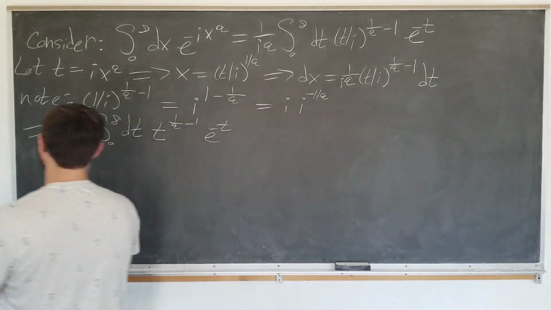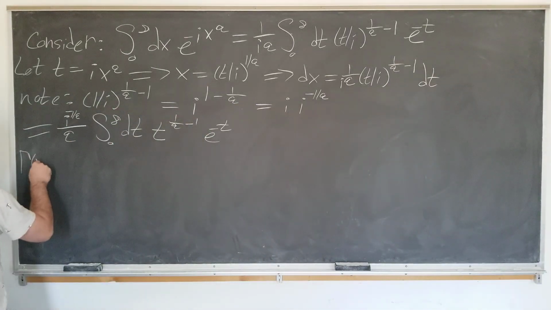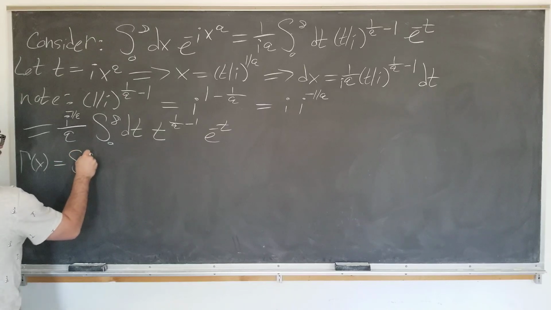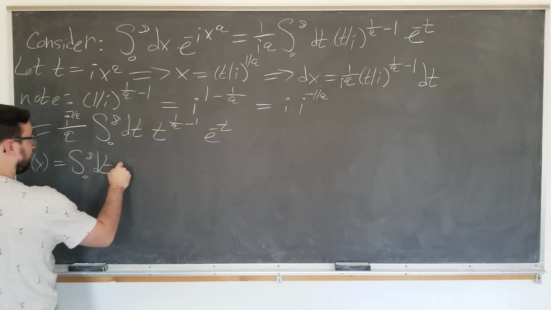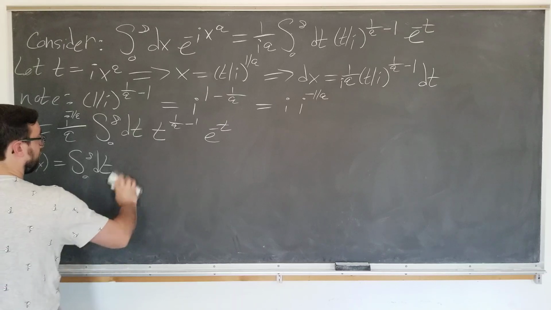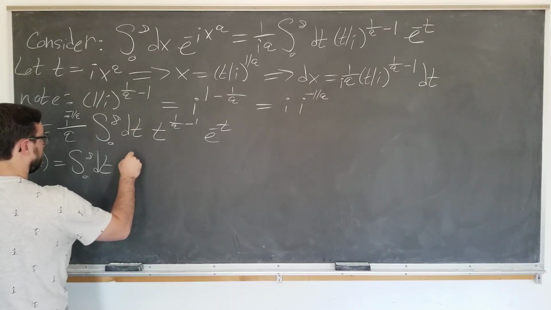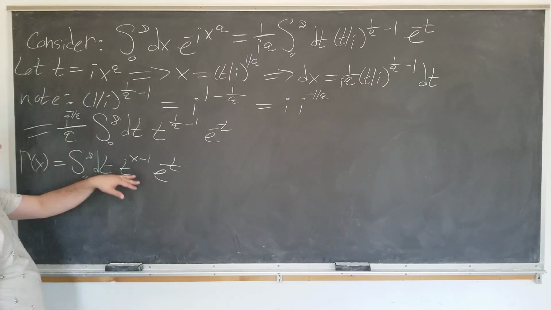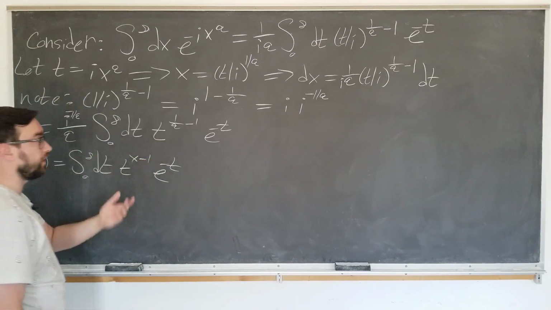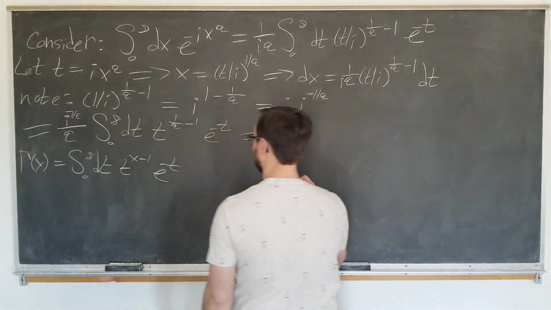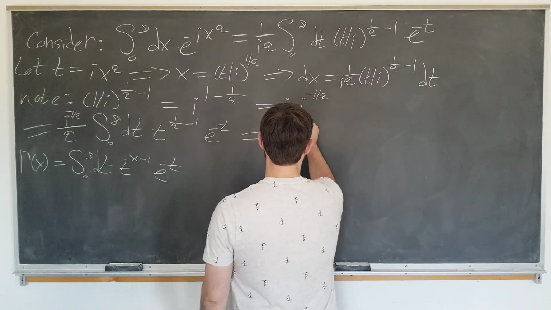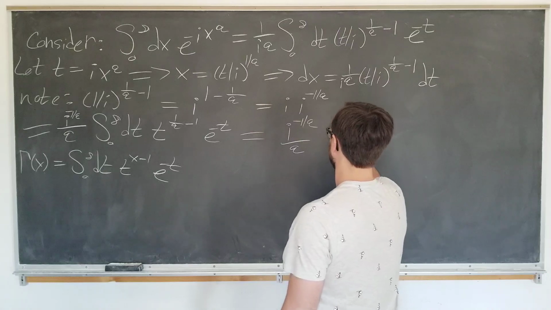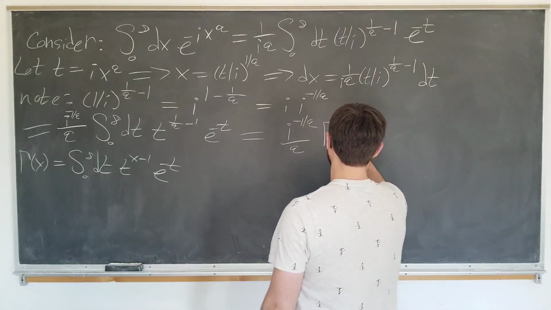We're going to use the gamma function, where gamma of some variable x is defined as the integral from 0 to infinity, with respect to t, of t to the x minus 1, e to the minus t. We're all set up to plug in x equals 1 over a here and write it in terms of our gamma function. i to the minus 1 over a divided by a, gamma of 1 over a.